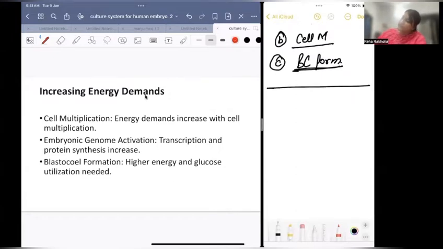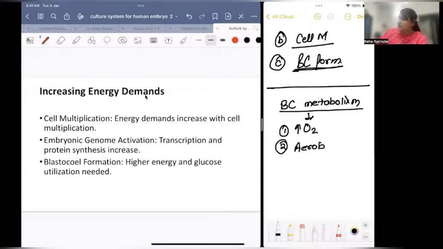What will happen in blastocyst metabolism? First is high oxygen consumption. Second, there will be aerobic glycolysis. And what is aerobic glycolysis?